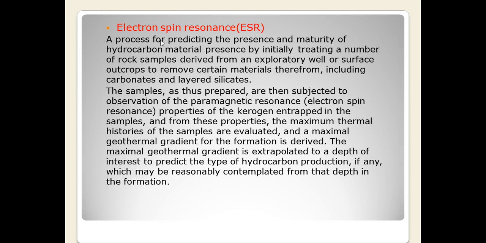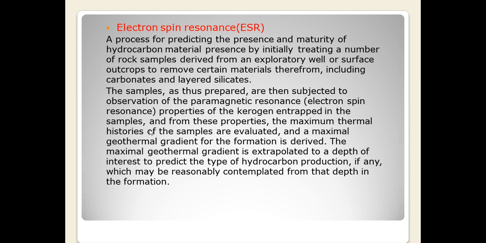Then electron spin resonance, a process for predicting the presence and maturity of hydrocarbon material present by initially treating a number of rock samples derived from an exploratory well or surface outcrops to remove certain materials therefrom, including carbonates and layered silicates. The samples are thus prepared and then subjected to observation of paramagnetic resonance, so electron spin resonance.